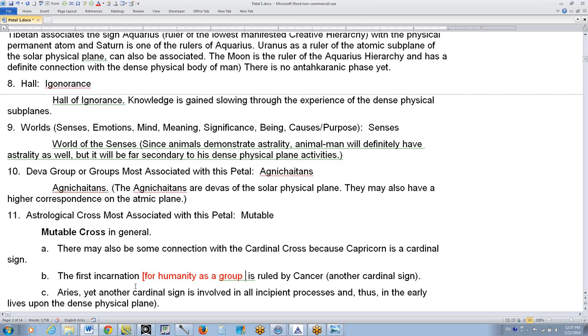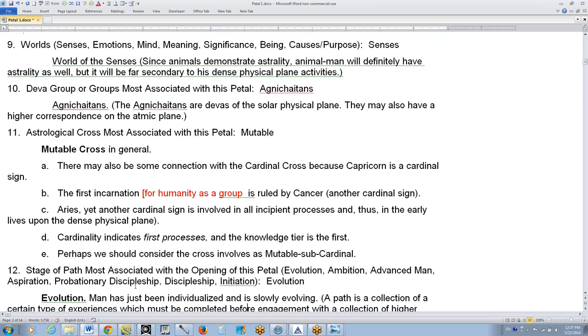But of course, we're really on the mutable cross, the cross of ignorance, the cross of many changes that have to produce greater consciousness. And Aries is yet another cardinal sign which is involved in all incipient processes, and the first petal is an incipient process, and thus, in the early lives, upon the dense physical plane, Aries is entering in to this new field of experience, new because the consciousness through individualization is different.